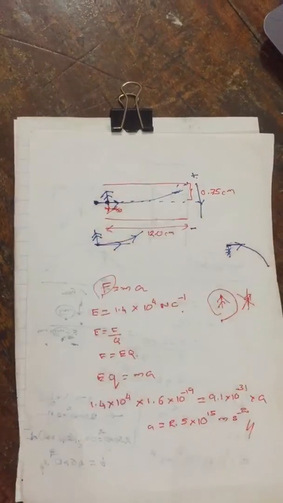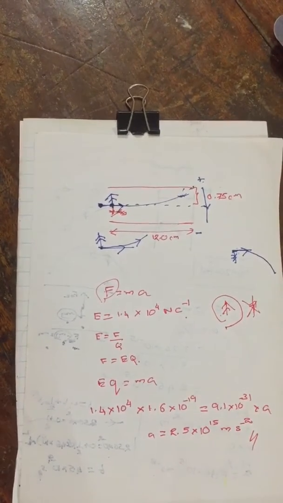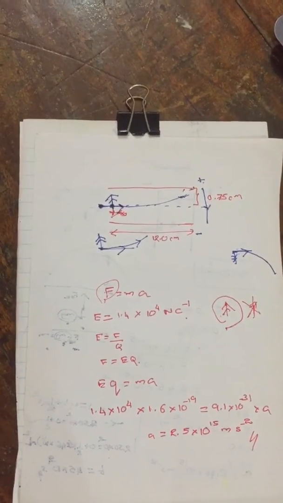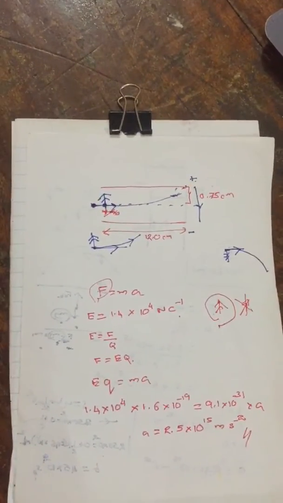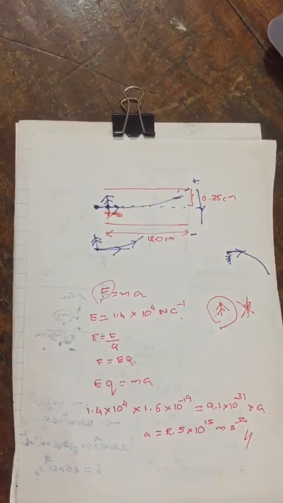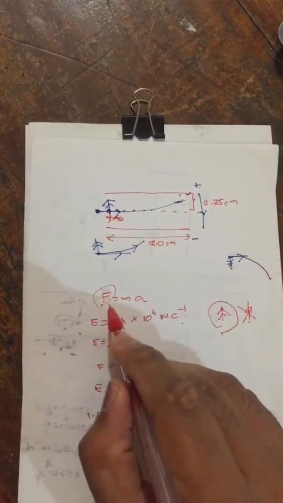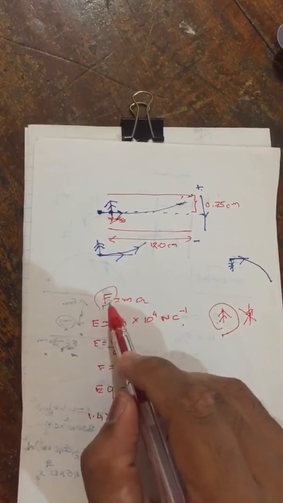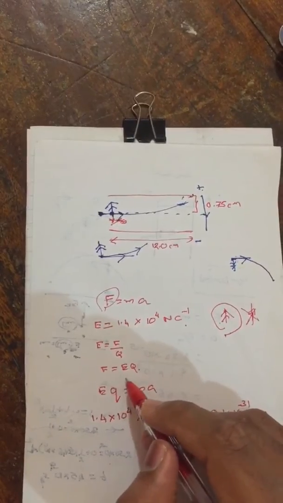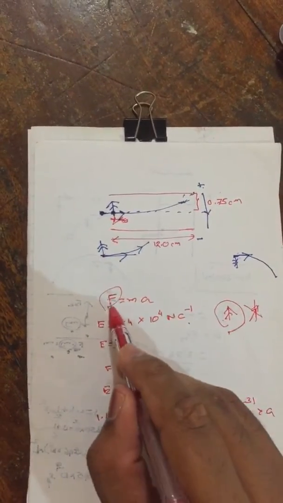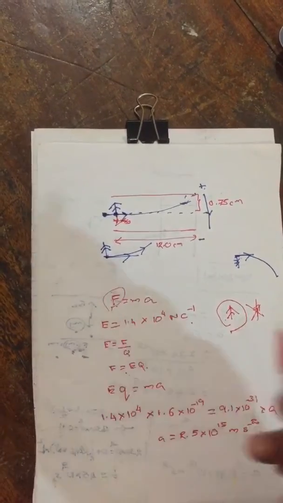Because if I haven't ignored it, it would have made the calculations a bit difficult, quite arduous. So I ignored it, but it's better that before you start doing the C part, where you're using the resultant force as the electric force, in the C part, in the beginning, you are using the electric force as the only force and hence the resultant force.